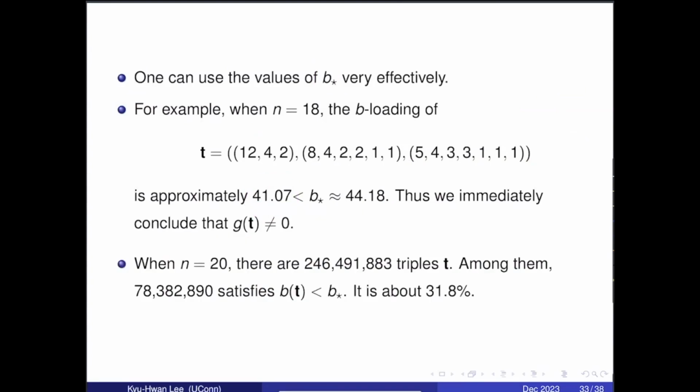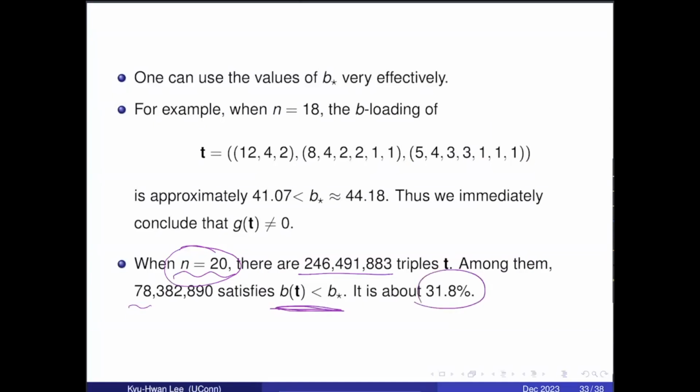So when n is 20, there are about 250 million triples. So when n is 20, the size of the data set is not small, 250 million. Among them, about 78 million satisfy this condition.